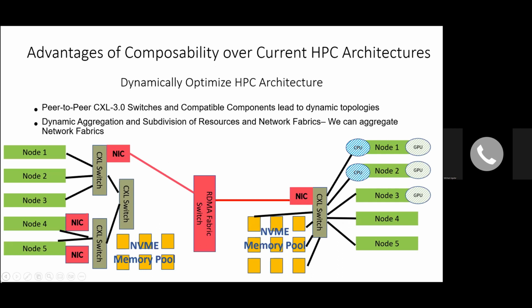This kind of shows you what I'm talking about. CXL3 is a peer-to-peer switch. If you think about it, peer-to-peer connections allow you to access all the resources equally, and all the resources are connected to the CXL switches, and they're all equally available to each node.